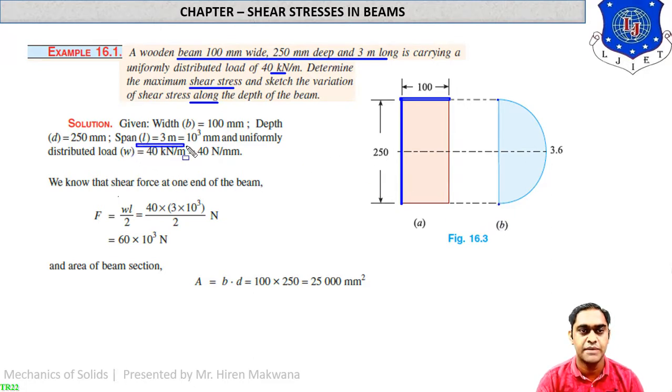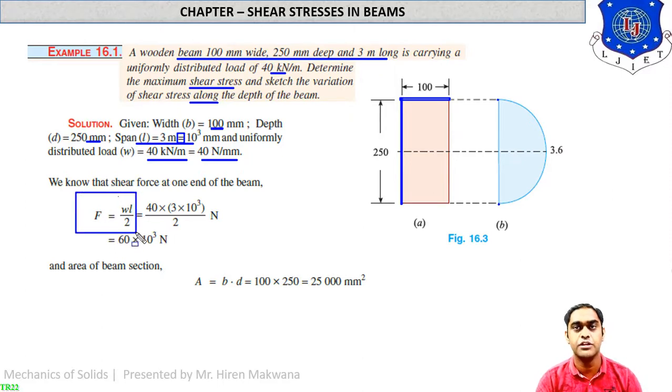Now the span 3 meter means 3 meter into 10 raised to 3 mm. Width is 100 mm, depth is 250 mm. And the uniformly distributed load w is equal to 40 kN per meter, so it will be 40 Newton per mm. Now our target is shear force, because we need the shear force F in the required equation.